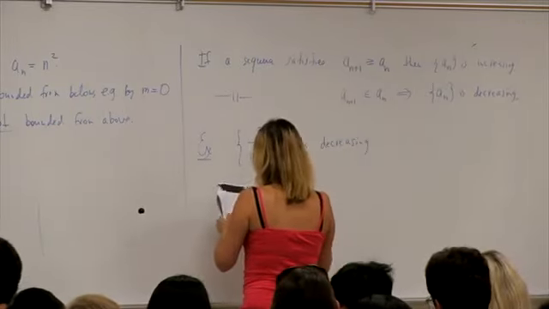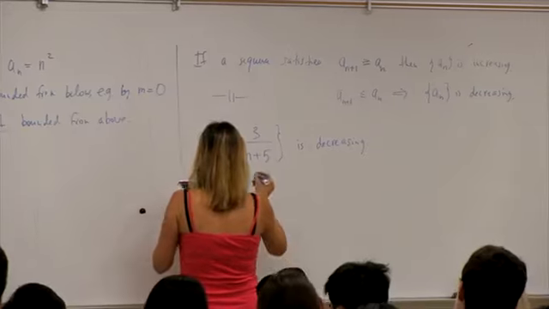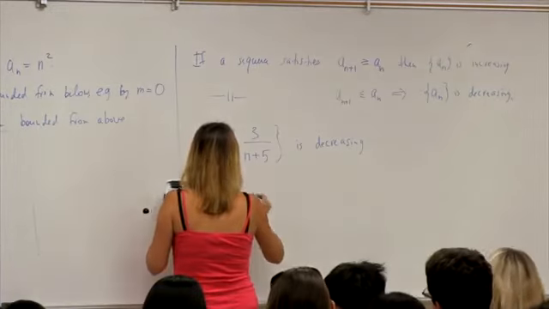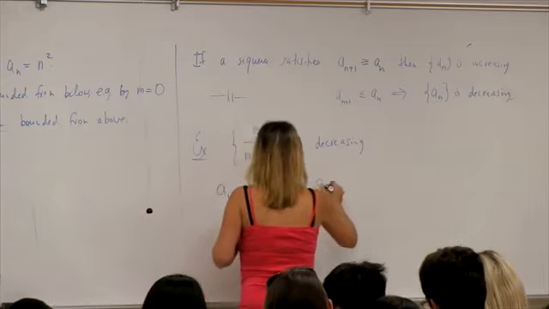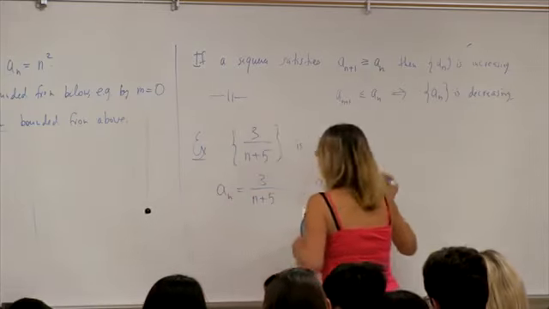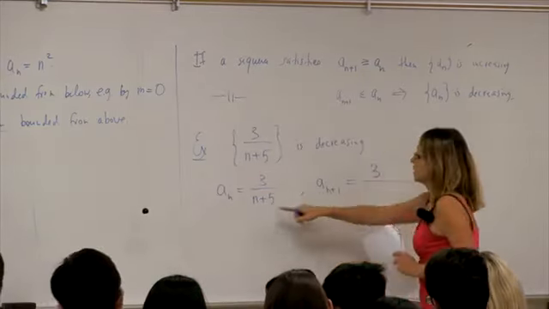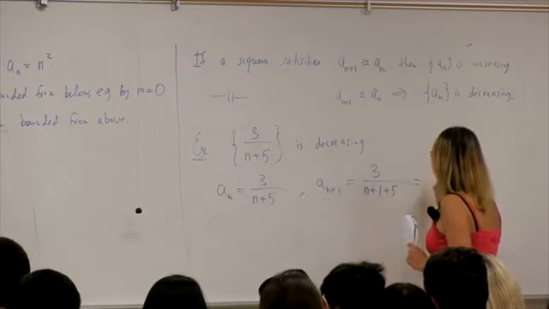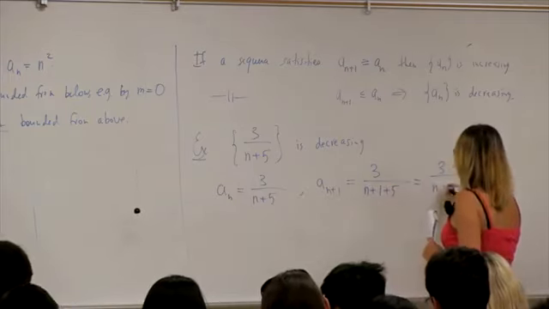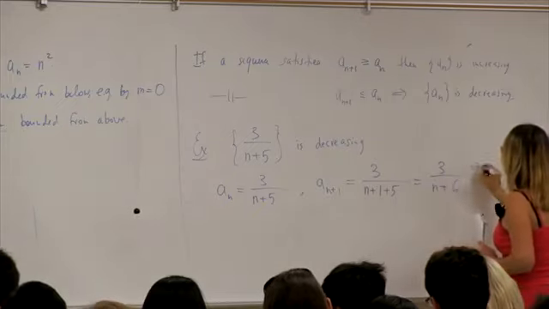How do we show this? So an is given by 3 over n plus 5. And an plus 1 is given by 3 divided by n plus 1 plus 5. So it's 3 over n plus 6.